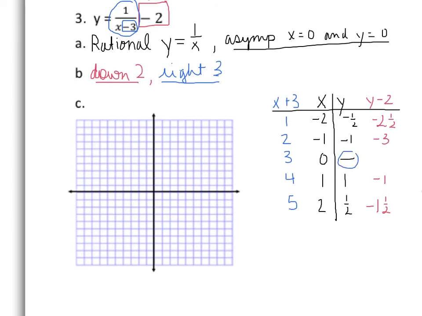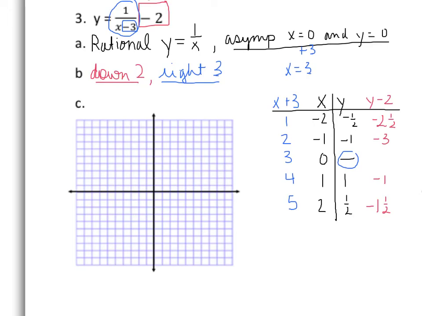That was an asymptote right there. Well, if you remember, the asymptotes were at x equals 0 and y equals 0. Well, the asymptotes are going to be affected the same way. So this x equals 0 asymptote, we're going to add 3 to that. And so my new asymptote is going to be at x equals 3.